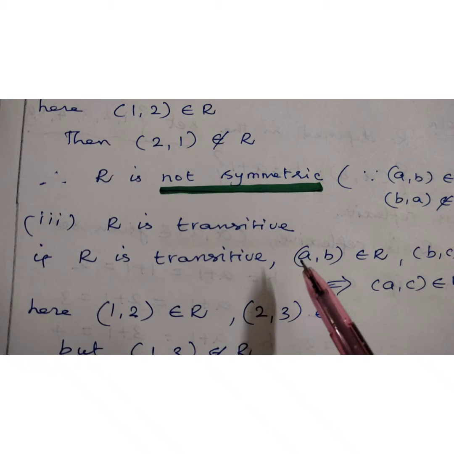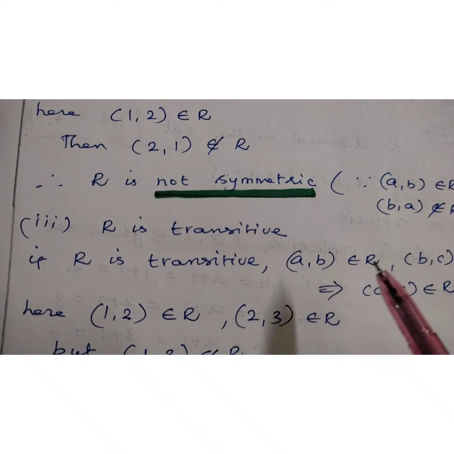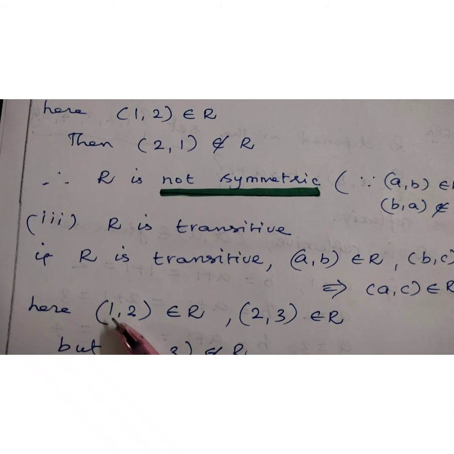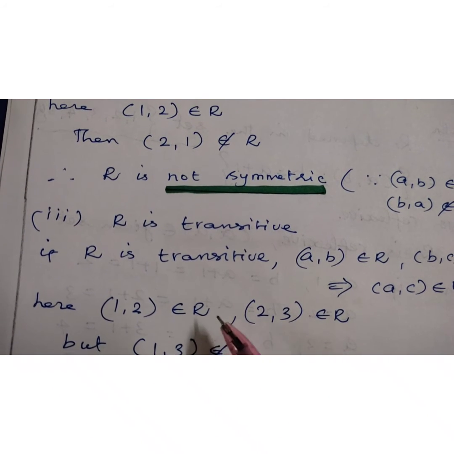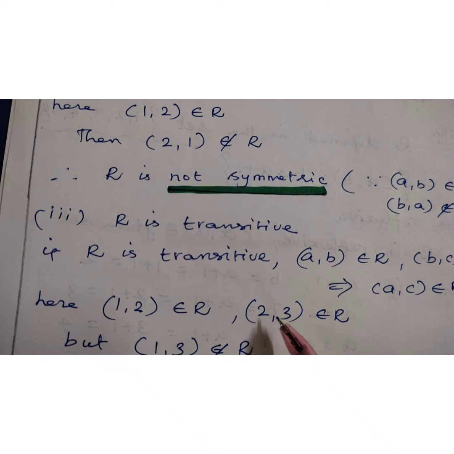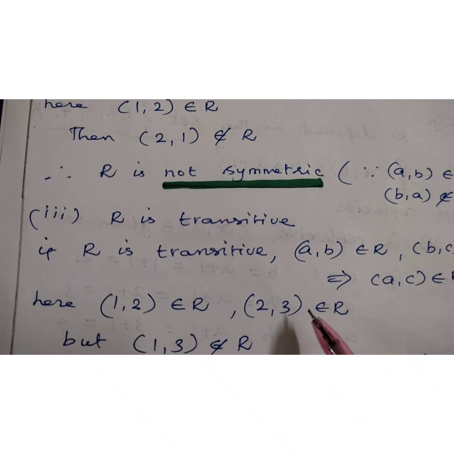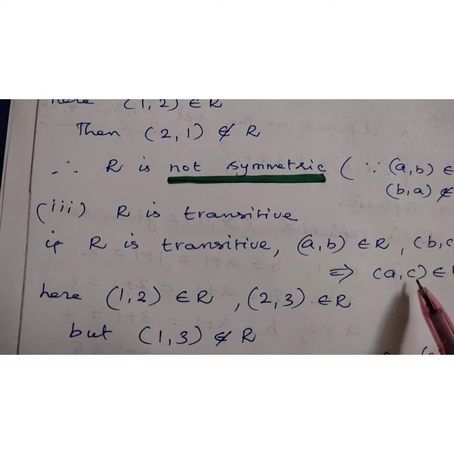Okay, here A comma B and B comma C, second pair. Here this pair 1 comma 2 belongs to R. The next pair starting with 2, okay, 2 comma some other number, 2 comma 3, that pair also belongs to R. But here the third pair will be A comma C.